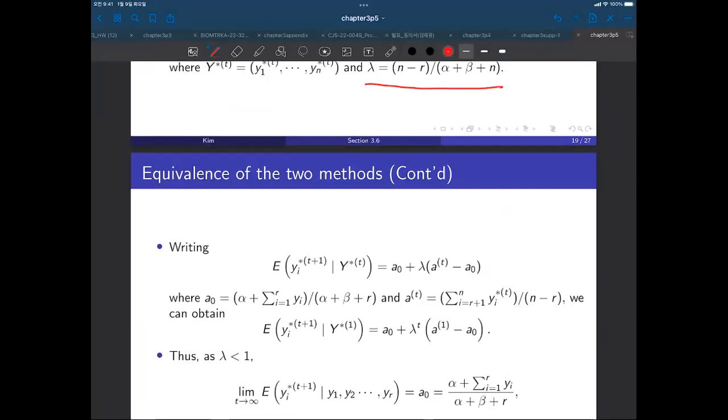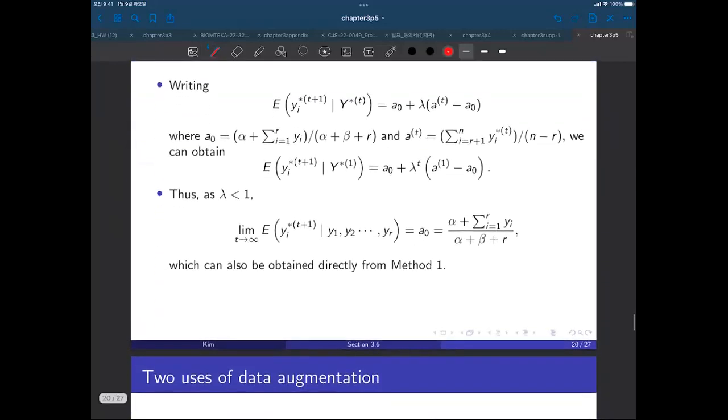Then let t go to infinity, and the second term disappears because lambda is less than 1. So in the end you get a0, which is exactly the expectation of P given the observed y1 to yr.